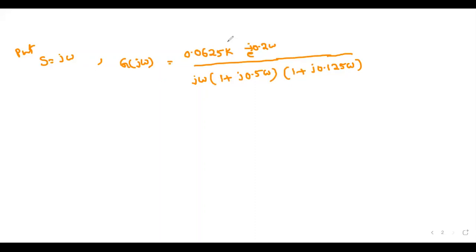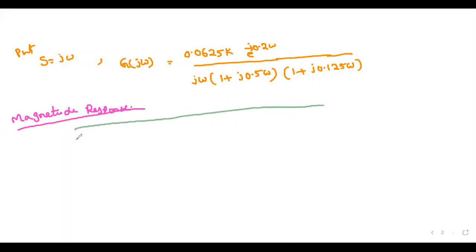Now next step is we need to find the magnitude response. So we'll calculate now the magnitude response. For finding the magnitude response, we will make a table. In the table, what should I write?